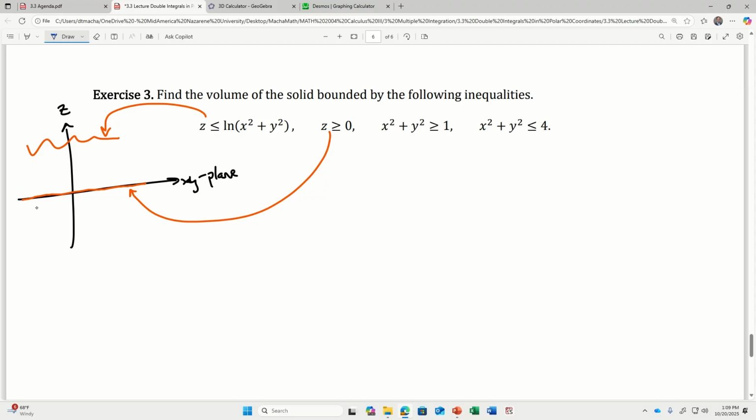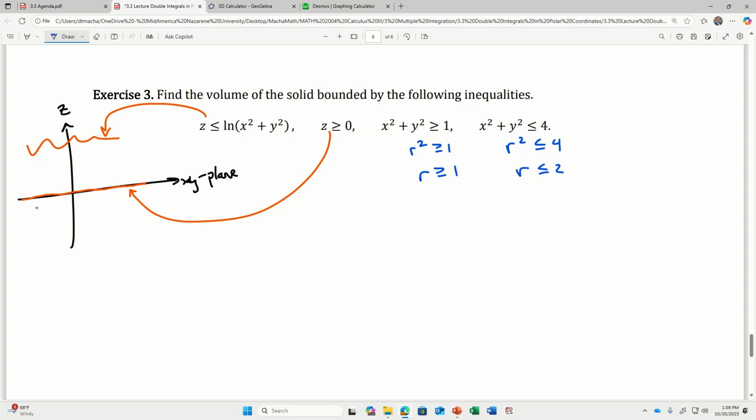This is telling me that r squared has to be greater than or equal to 1, which means r is greater than or equal to 1, just say r is positive. And then r squared is less than or equal to 4, so r should be less than or equal to 2.